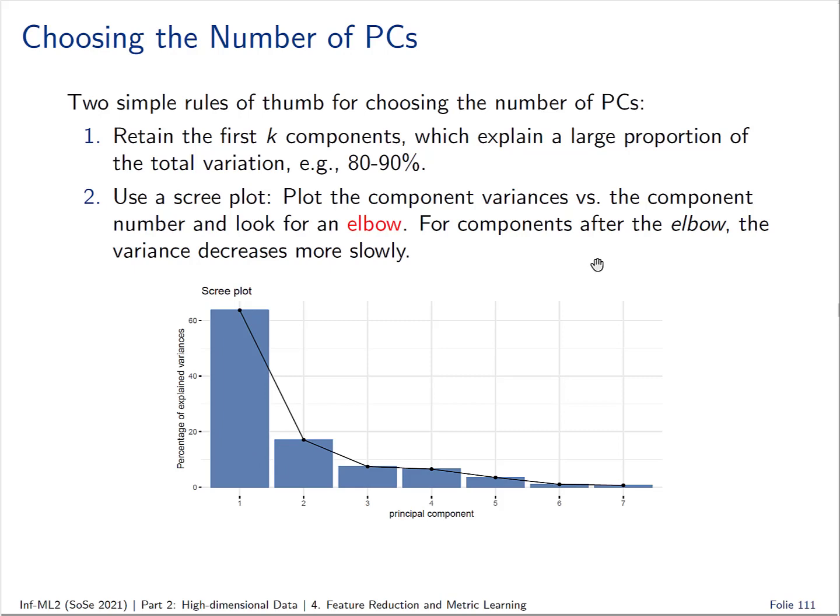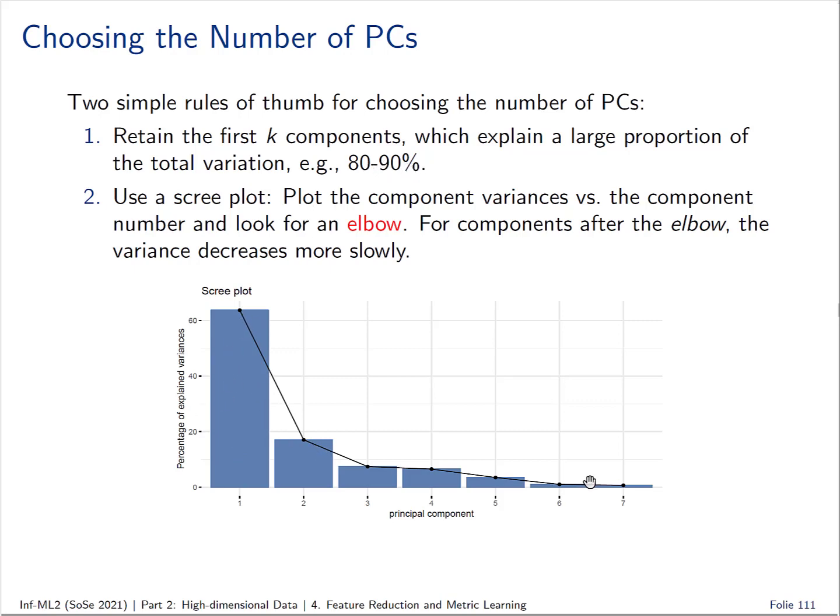So all the components after this elbow are negligible in that case, because we don't lose too much information if we just neglect them. For our data set, the heptathlon data set, it seems that we can really just take the first one, even though it's less than 80%.